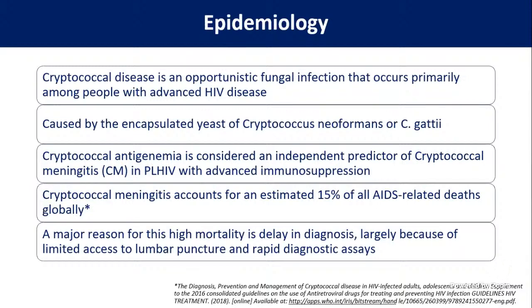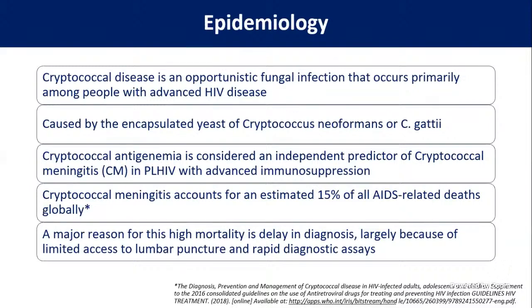Number one, anybody with suspected meningitis, and especially cryptococcal meningitis, should have a lumbar puncture to detect the presence of either the organism or the antigen. There is limited access to performing a lumbar puncture and CSF analysis. So that is one of the biggest challenges. And the rapid diagnostic antigen detection assays are still not available freely and everywhere in our country.